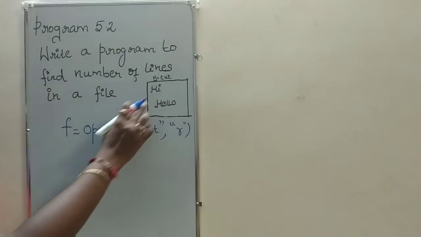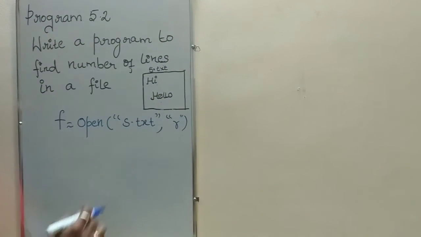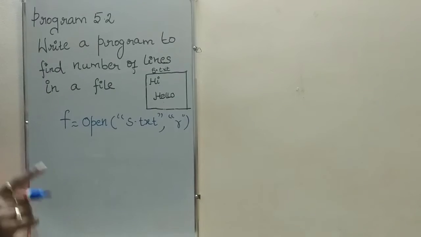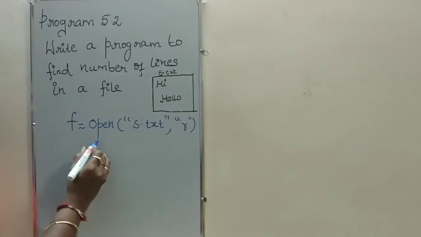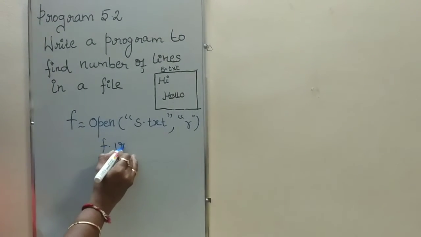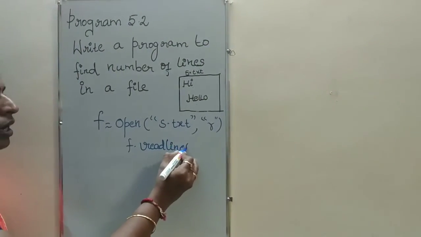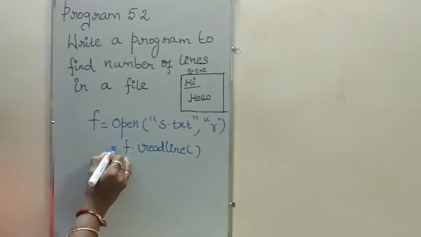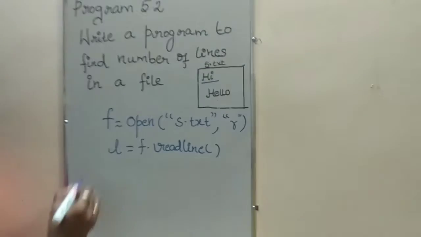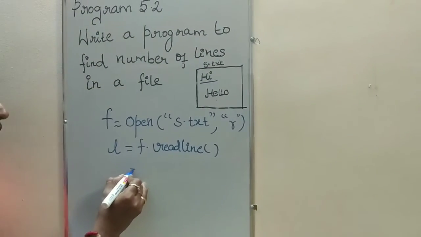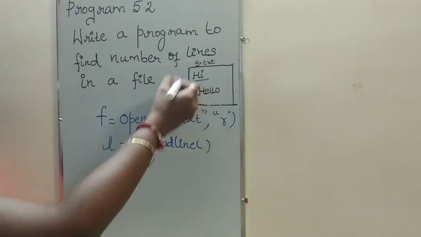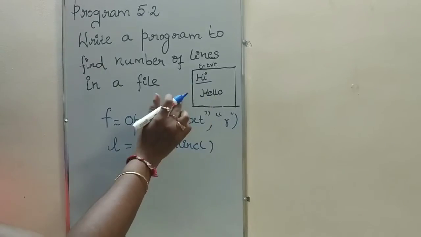Next, you are going to read lines. So better to use the readlines method to read the lines. The F.readlines method will read the lines and then store them in one variable called L. Next, how many lines are present inside this file? 2 lines.